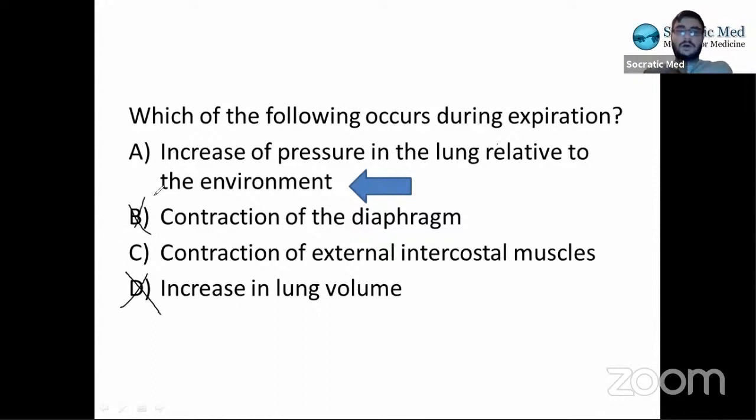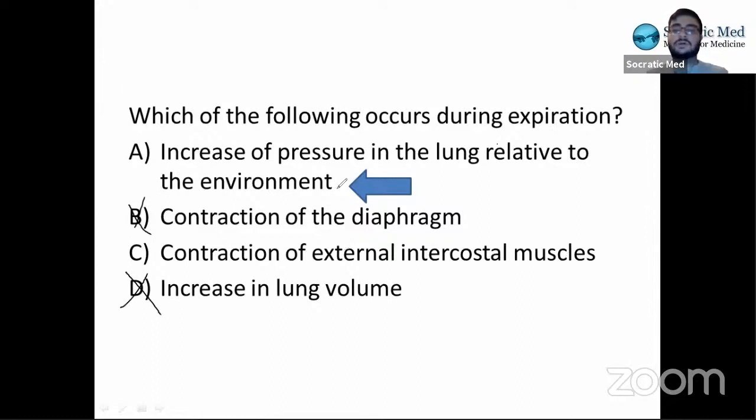However, A, increase of pressure in the lung relative to the environment. Increased pressure in the lungs relative to the environment creates a gradient, and air follows the gradient and goes out.